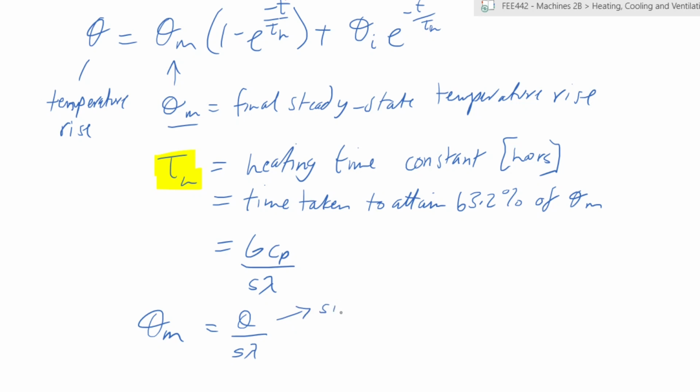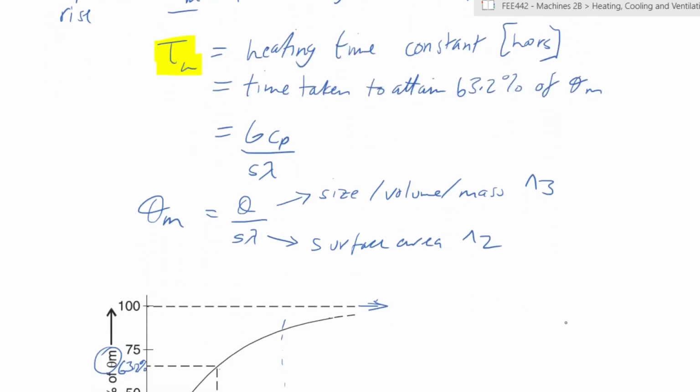So this is the size or volume or mass that determines the amount of heat that you have to dissipate, but the dissipation depends on surface area. Yeah, so while this increases in powers of 3, this increases in powers of 2. So this will tell you that as the size of your machine increases, it becomes increasingly difficult to dissipate heat.